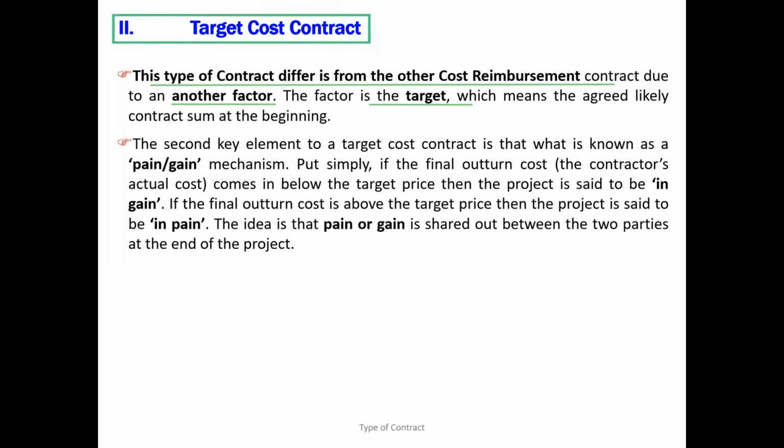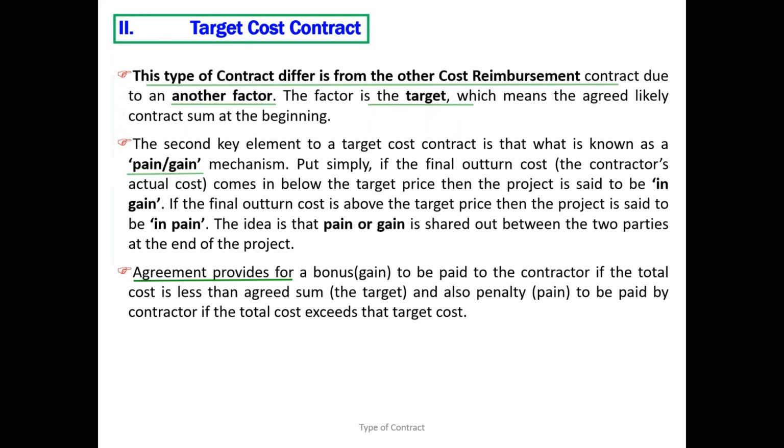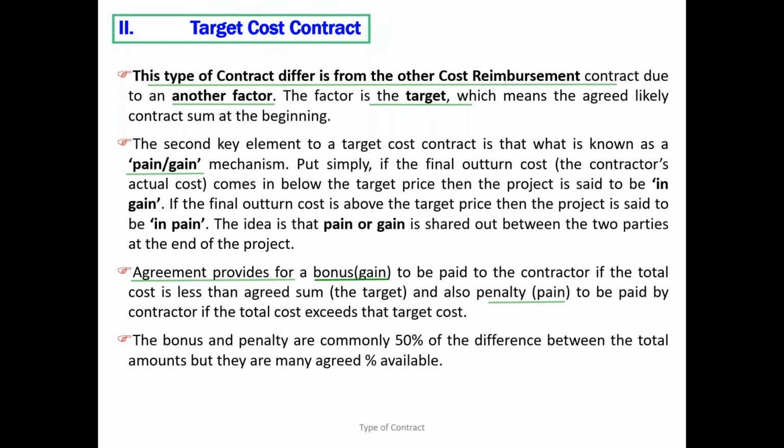So here we have a technique, pain and gain. Pain and gain, that is a terminology. Pain means penalty, gain means bonus. So when you are going for a target cost, you have to agree the percentage for pain and gain. In general, it will be 50-50.